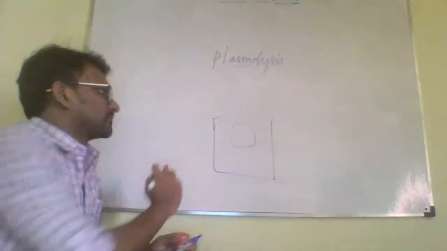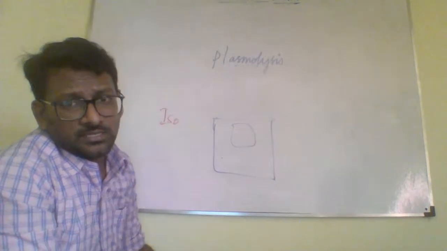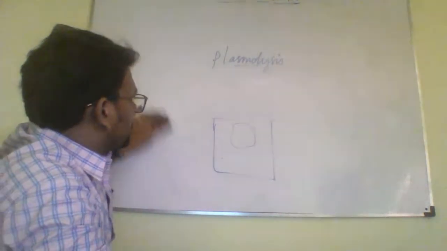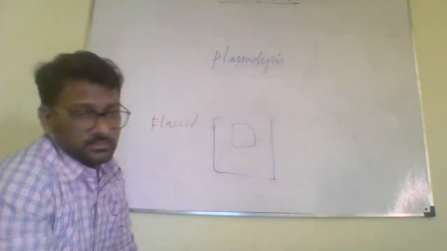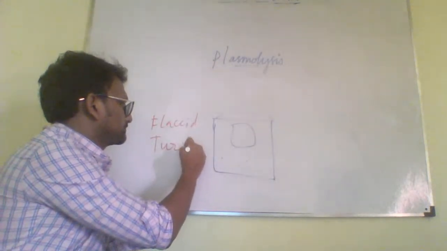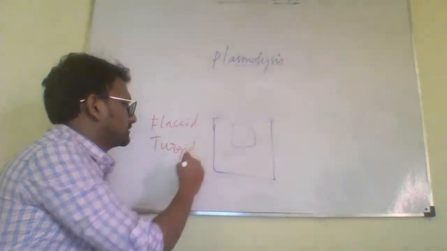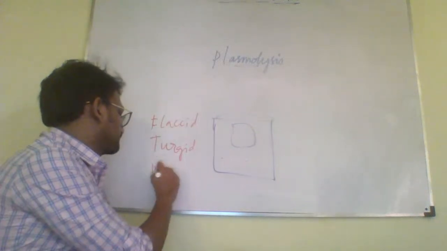There are three different behaviors it shows. That is, the cell becomes flaccid, the cell becomes turgid, and the cell becomes plasmolyzed.